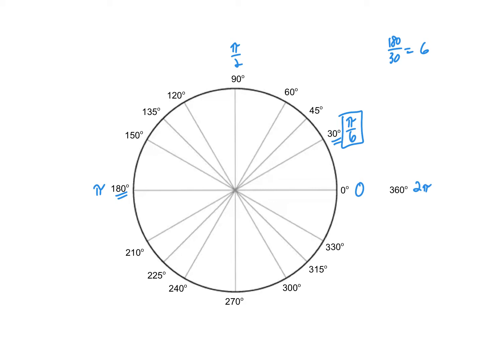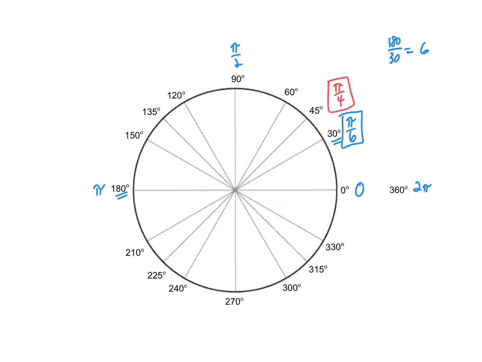You could do the dividing thing again, or you could think: this is 45, another 45, another 45, another 45. How many times did we rotate 45 degrees to get to 180? That was 4 times. And so that means that 45 is 1/4 of pi. So it'll be pi over 4.